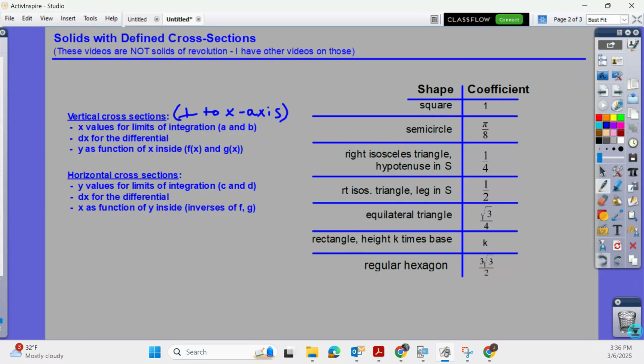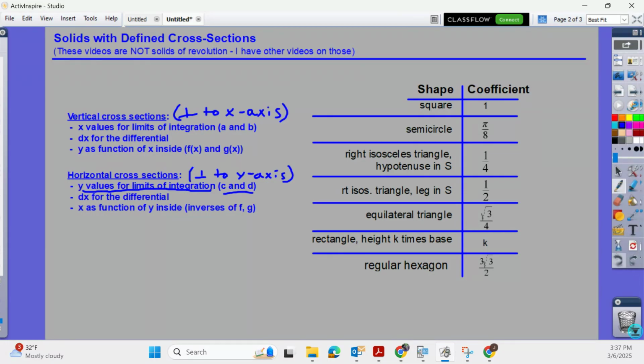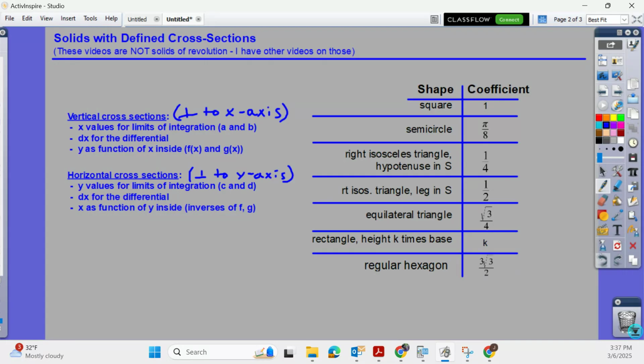When you have horizontal cross sections, because it's perpendicular to the y-axis, you're going to have y values for your limits of integration. So we used c and d. You're going to have dy for the differential. Oops, an oopsies there. Let me fix that. dy for the differential.